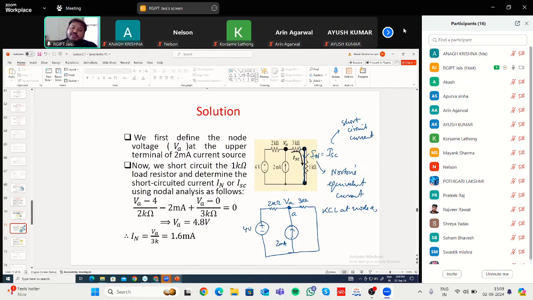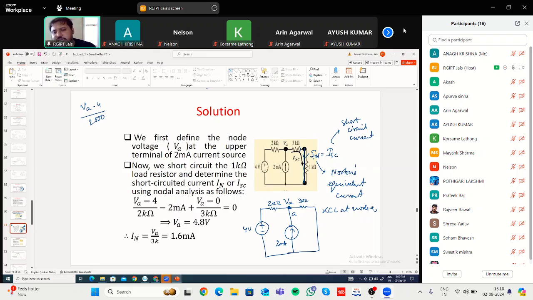So this VA will be greater than 4 volt. Okay, this VA will be greater than 4 volt. So what will be the current flowing through this path? VA minus 4 divided by 2000, or 2 kilo ohm. 1 kilo ohm is 1000, 2 kilo ohm is 2000 ohm.